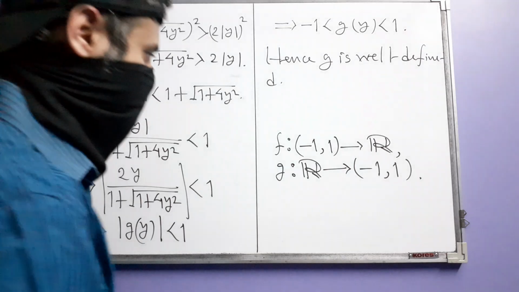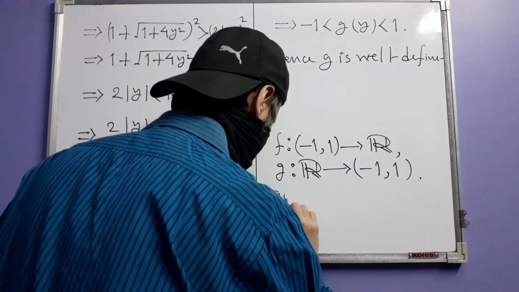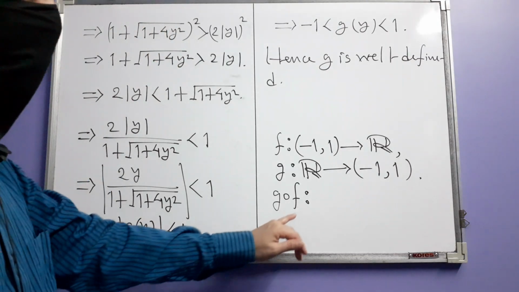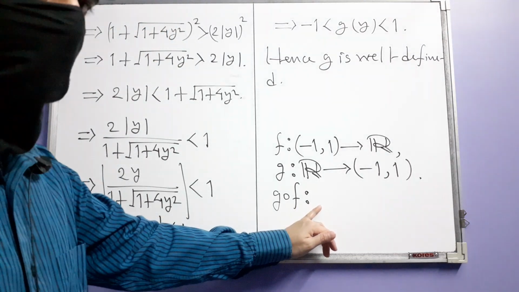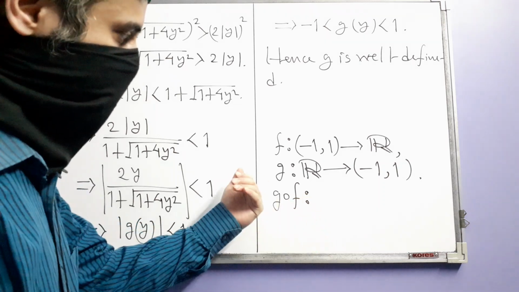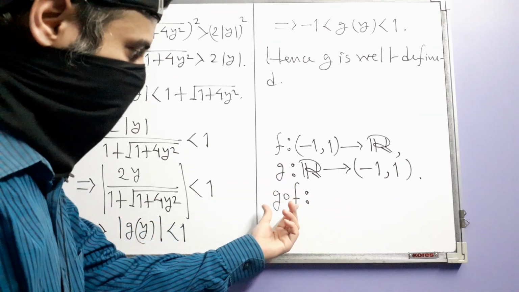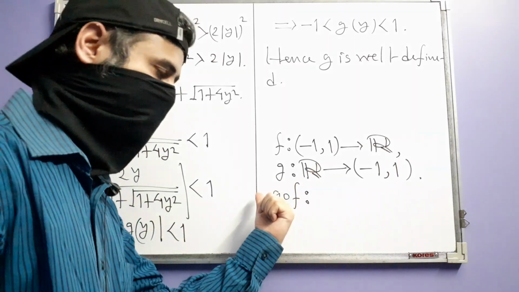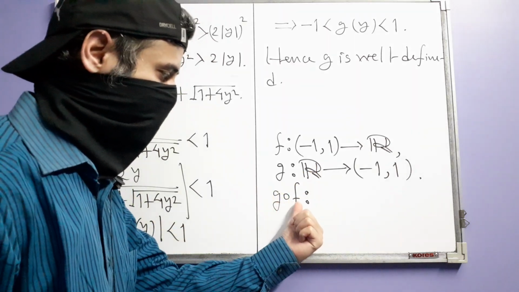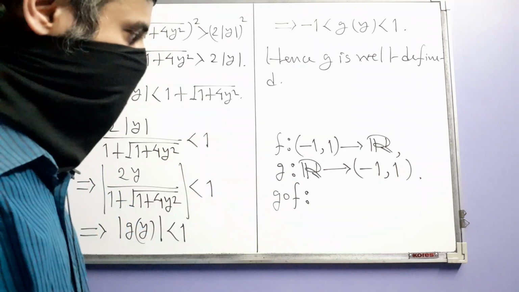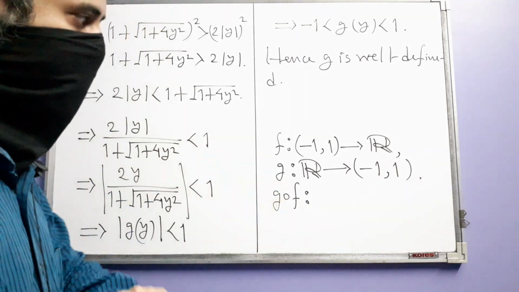So what can I say about the composition g composition f? Because we have decided to write a function argument to the right of the function, that is we will write g composition f of x. We do not write x on this side. So that means we first apply f to x and on that we then apply g. So f is applied first.